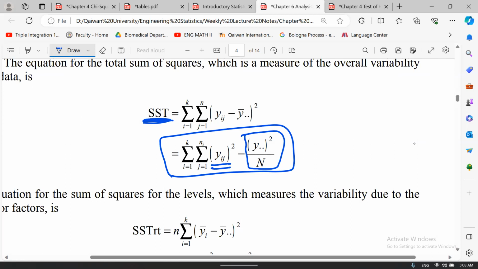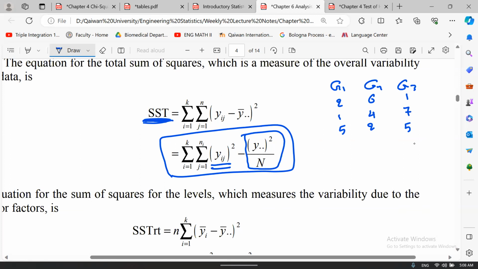What we do here, if we have a table, let's say we have 3 groups: group 1, group 2, group 3. Here you have 2, 1, 5, 4, then 6, 4, 2, and 1, 7, 5.